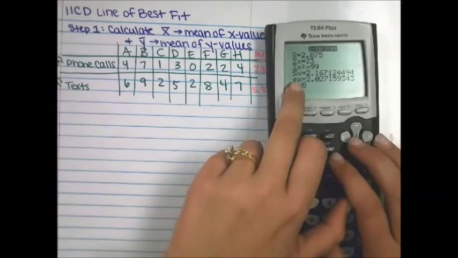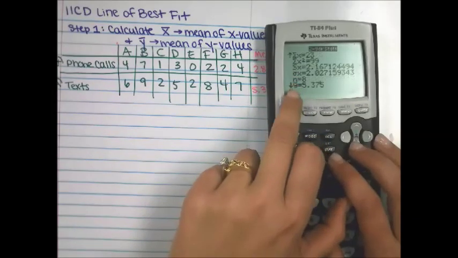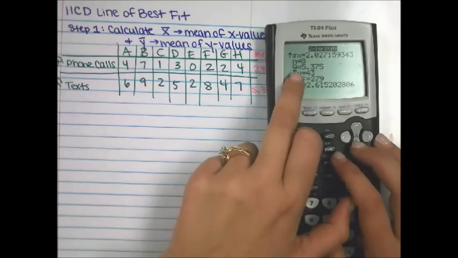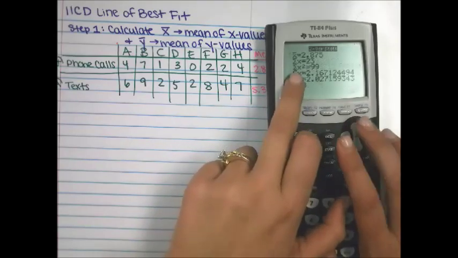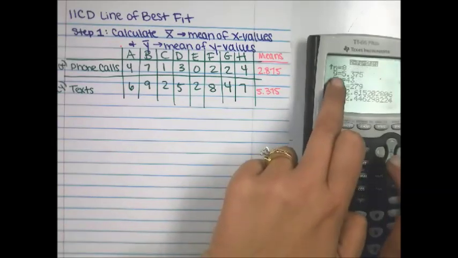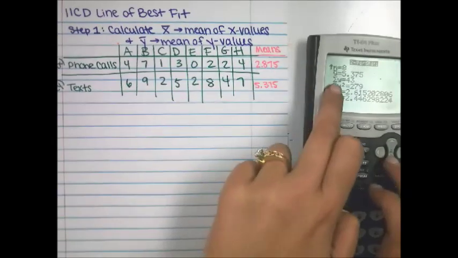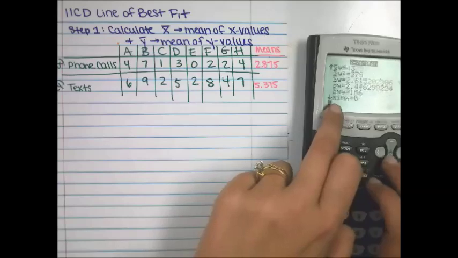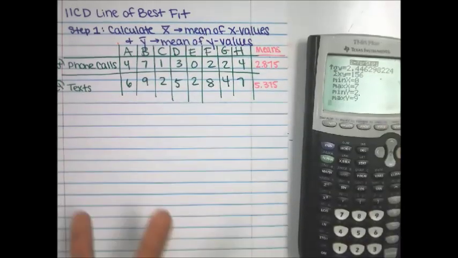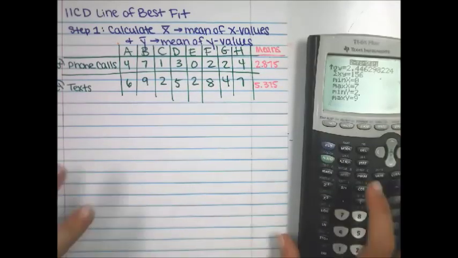This sigma is the standard deviation for X. There were 8 terms. There's Y bar, the mean for the Y. Let's see if we got those right. X mean, check. Y bar, check. There's my standard deviation for Y, and then all of our mins and maxes for X and for Y. Good.